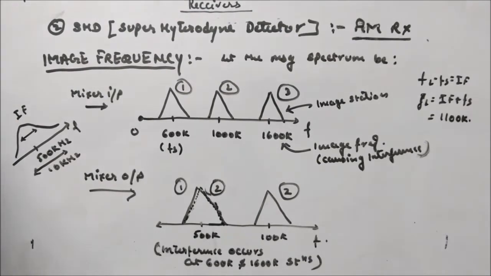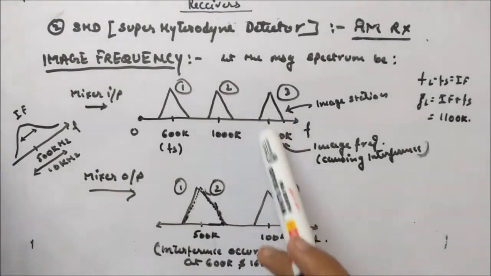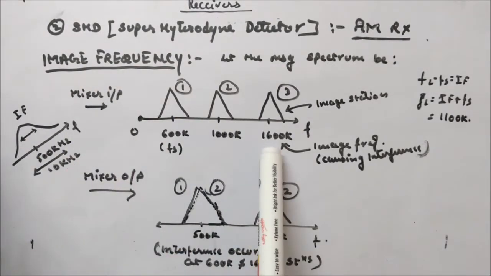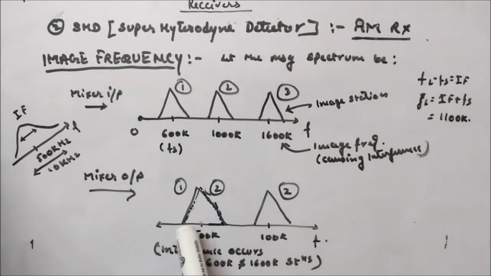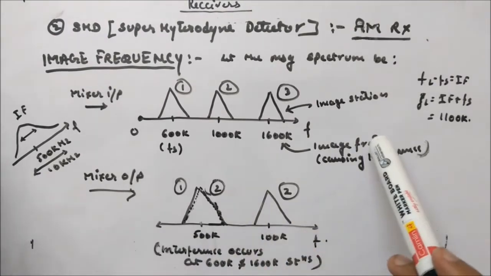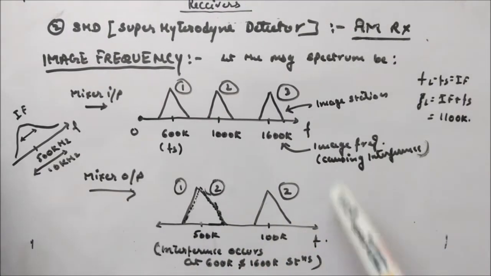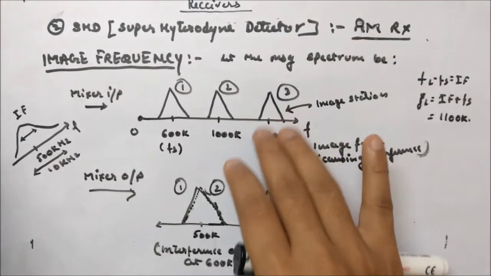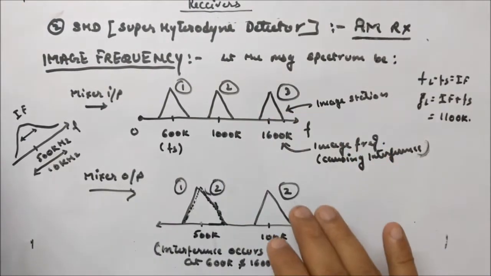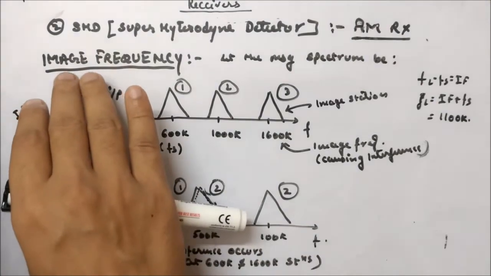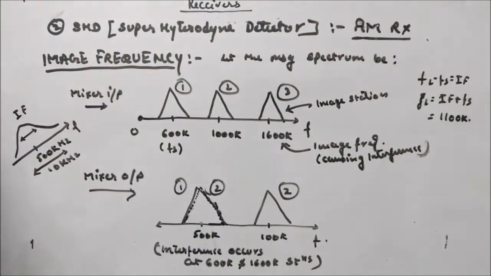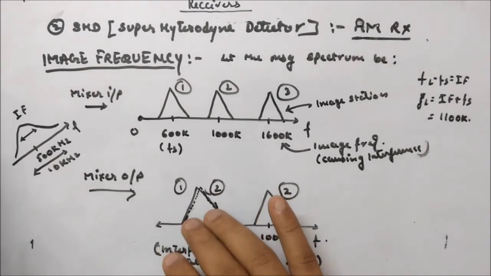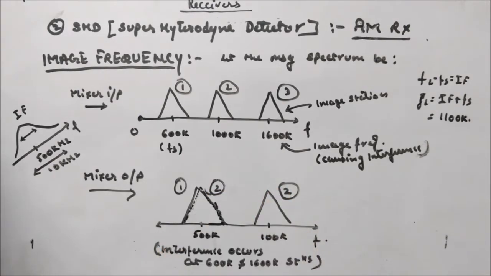Okay, we try to suppress this image. That is why we have to know the image frequency, which will cause interference with our message signals, so that we can suppress it. Whatever response is coming at this frequency, we will suppress it. That's why we want the knowledge of image frequency, so that we won't have any difficulty in recovering our original signal back.